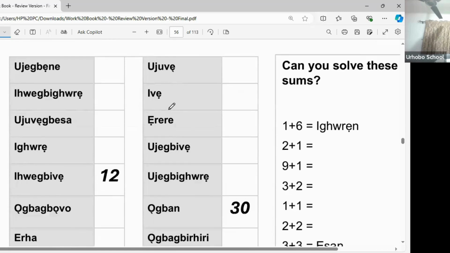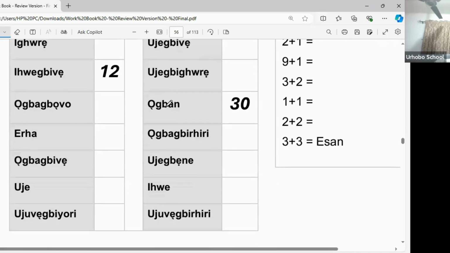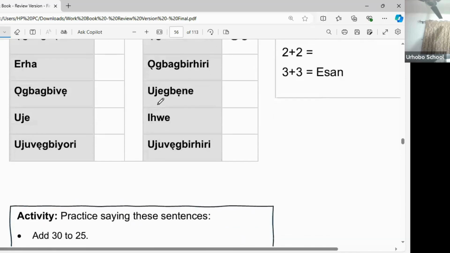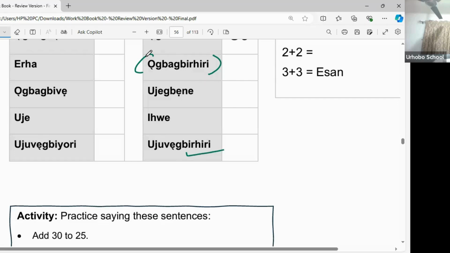So you can identify the numbers by just looking at them. So for example, what is this? Which figure is this? 39. Good. So you have a very rich workbook in your hand.